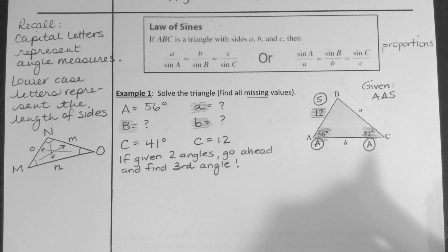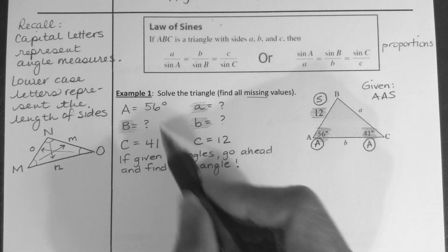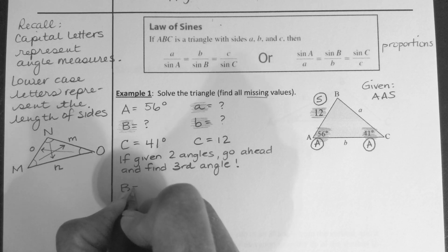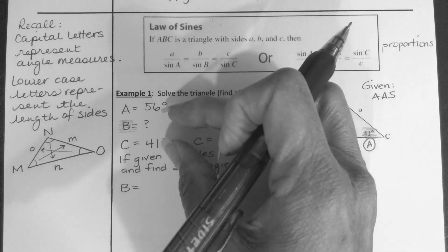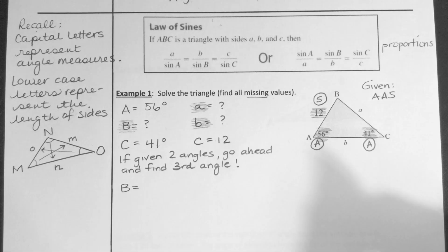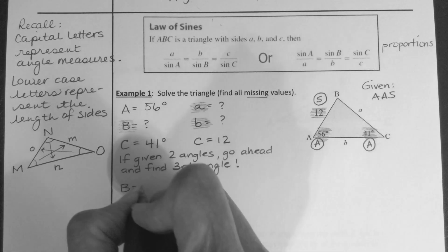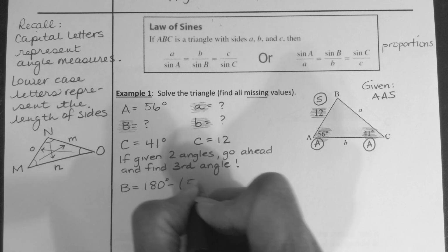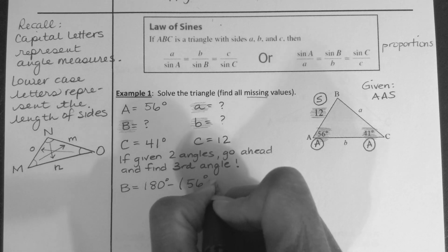Angle A plus B plus C has to be 180. I already have 2 of the angles, so if I want to find angle B, I'm going to add these 2 angles, and subtract that answer from 180, and that will give me the answer that I need.